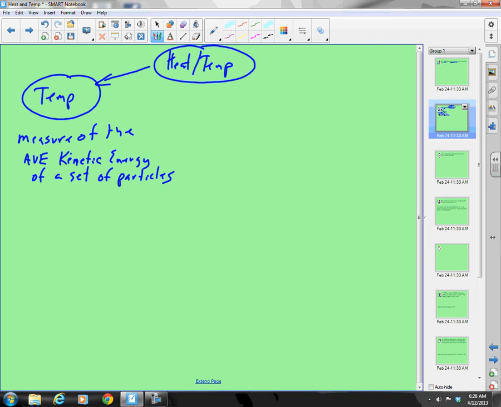So temperature is a measurement of average kinetic energy. And at that time we said average kinetic energy is equal to 1/2 mv squared, where m is the mass and v is the velocity of the particles.